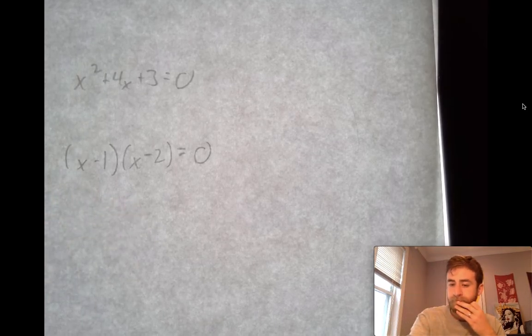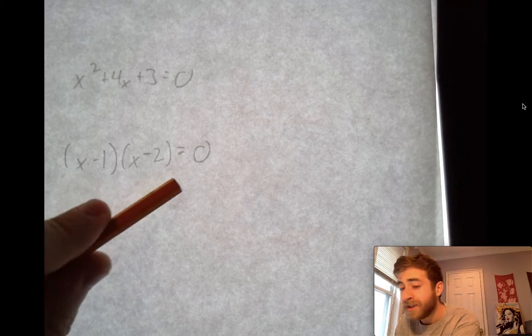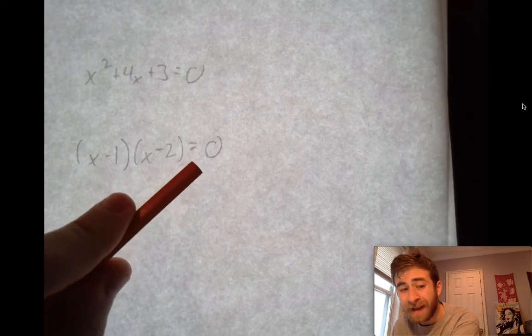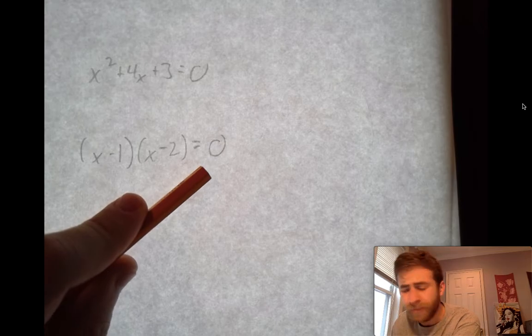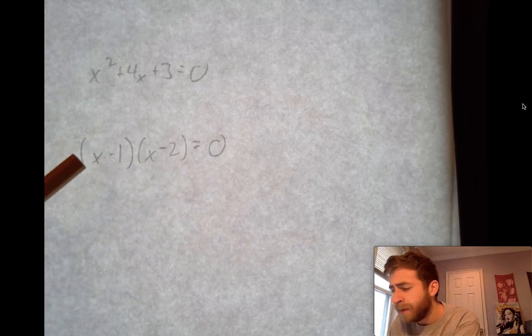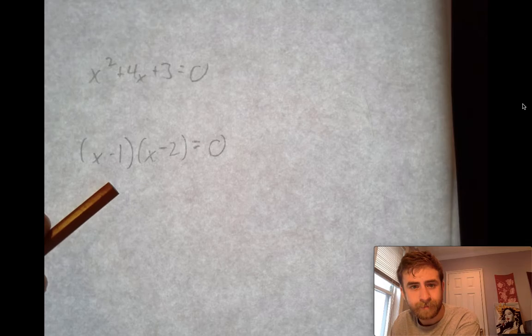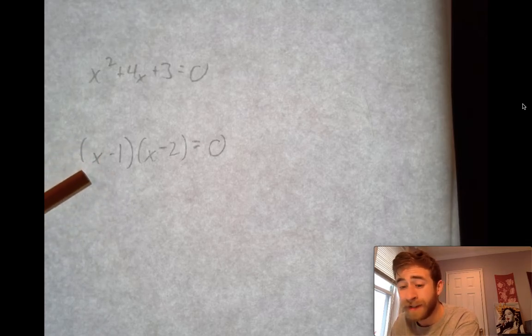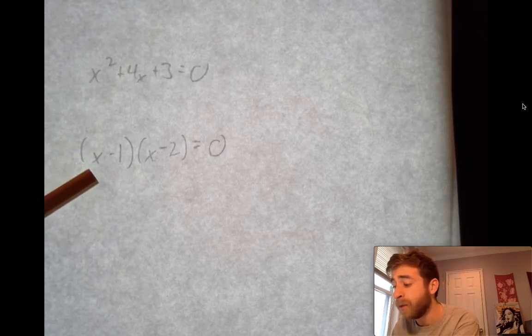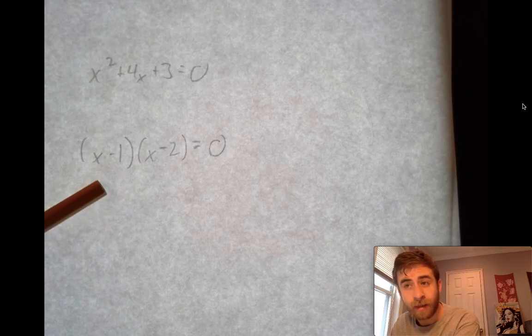That's not good because I don't know how to solve with an x squared. But when I have a situation like this, knowing this just needs to be equal to 0, I can say these two terms are multiplying, and anything times 0 is 0. So if I make one of these terms 0, then I found the solution, right?